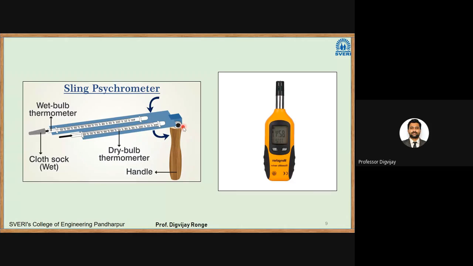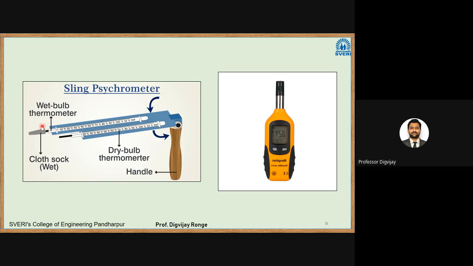Now if you see the actual device here, there are two temperature scales. This one scale is used for the dry bulb thermometer. It will give the temperature as DBT, dry bulb temperature. If you see the second scale here, this is a second thermometer.